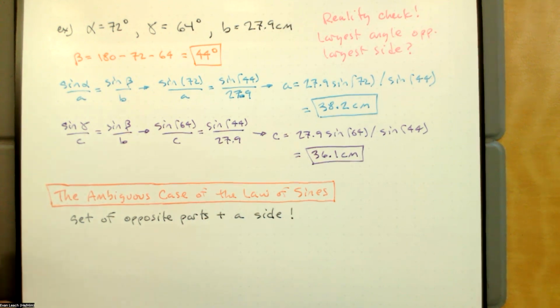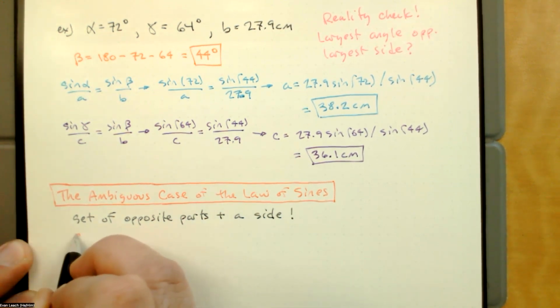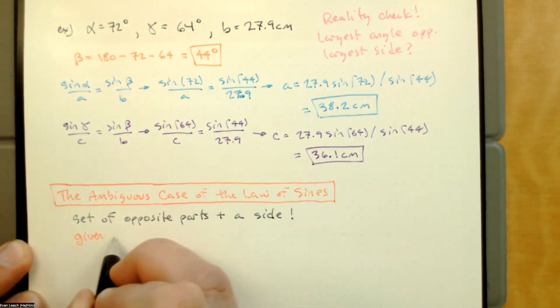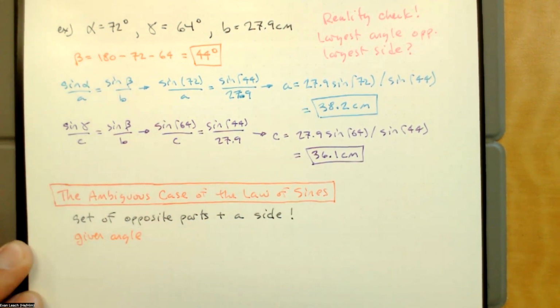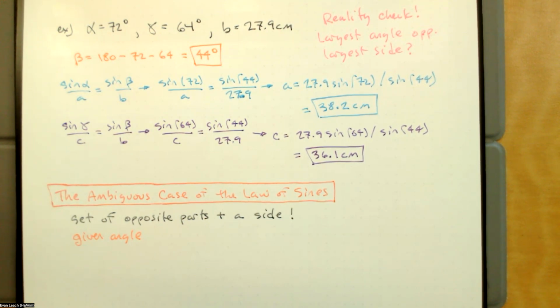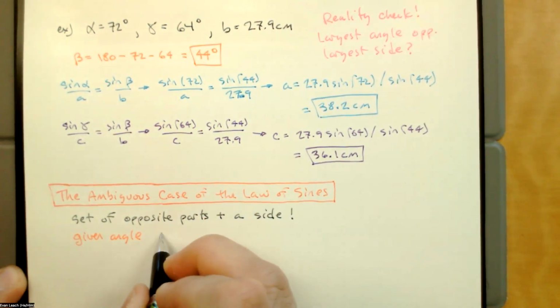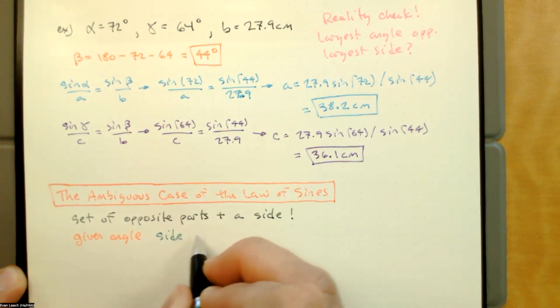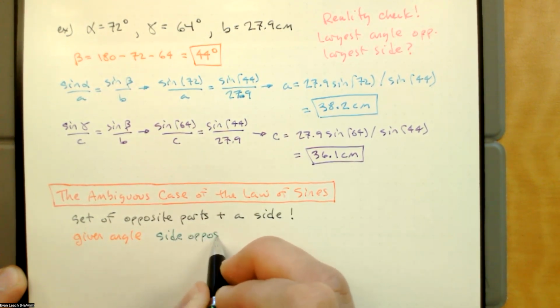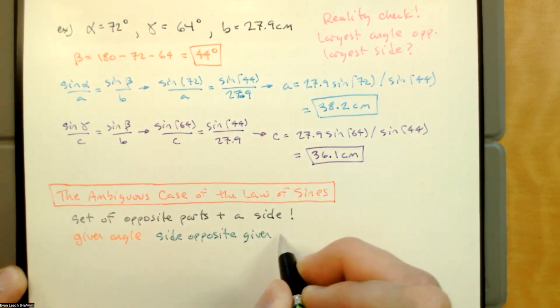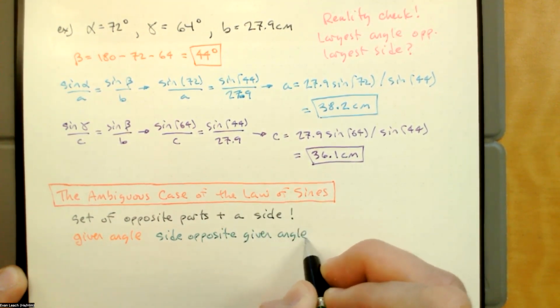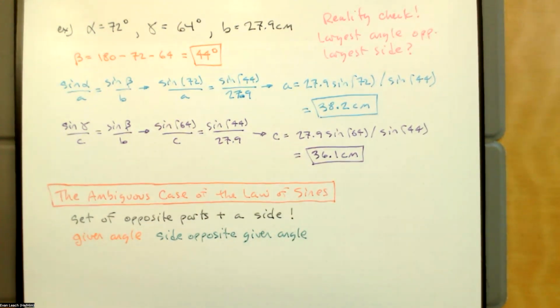There's the given angle, the side opposite the given angle, and the other given side.